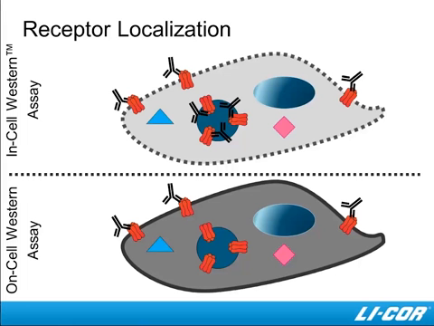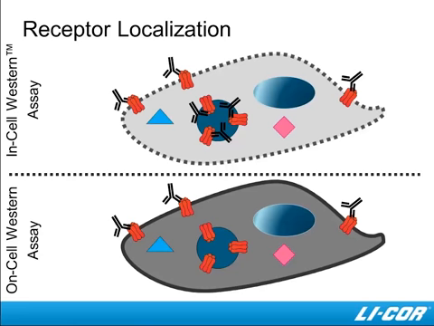And with the On-Cell Western Assay, my primary antibody will only bind to receptors localized at the plasma membrane. So I can add my secondary antibody, again being conjugated with an IR dye to allow for detection on an Odyssey system. I can then scan them, quantify my results, and I can compare my results from the In-Cell Western Assay to the On-Cell Western Assay.